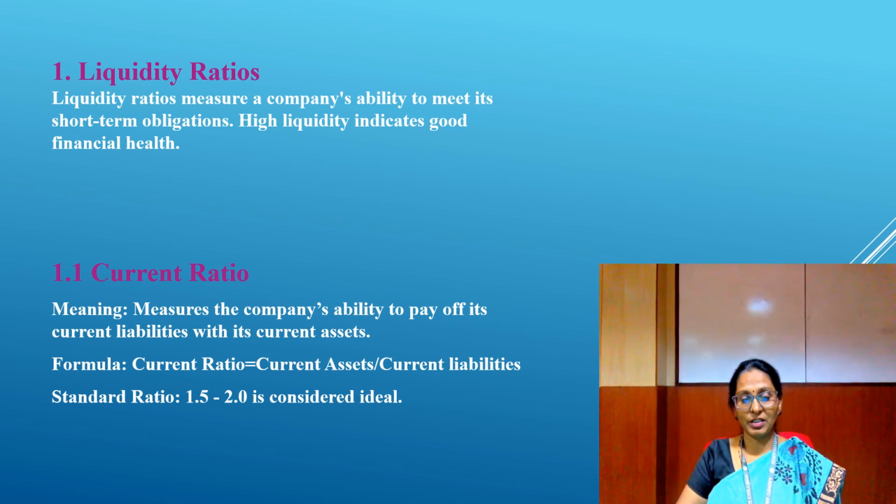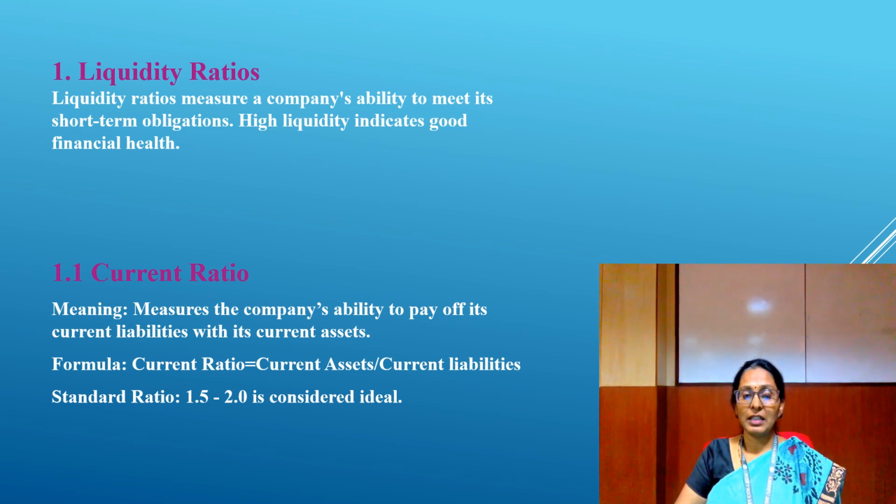The benchmark or standard set for the current ratio is between 1.5 and 2. For example, if we calculate from an organization's financial statements and the ratio comes to 2, it means 2 is to 1.